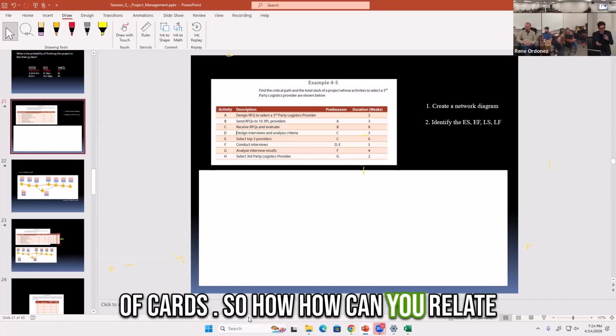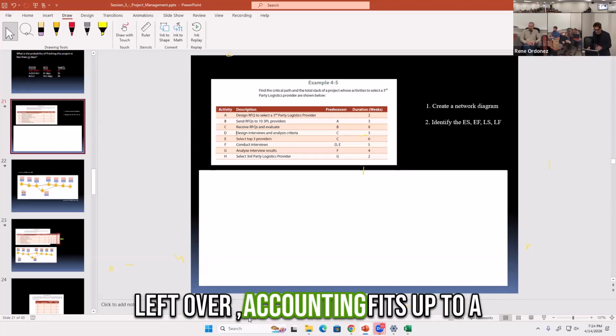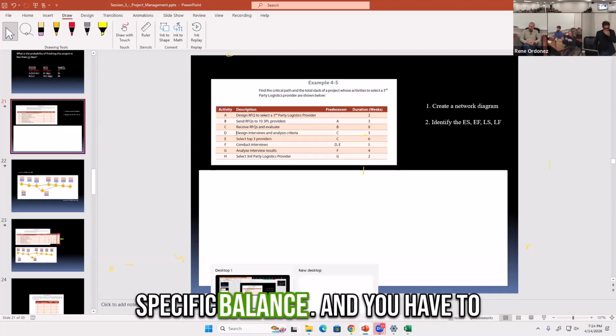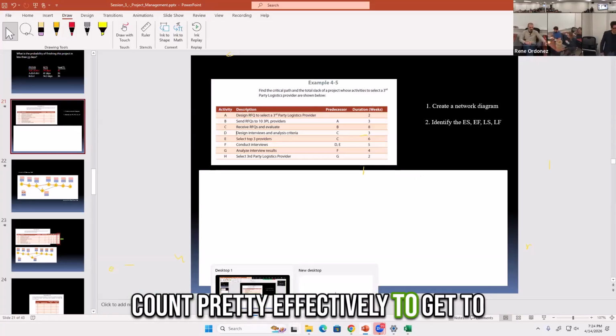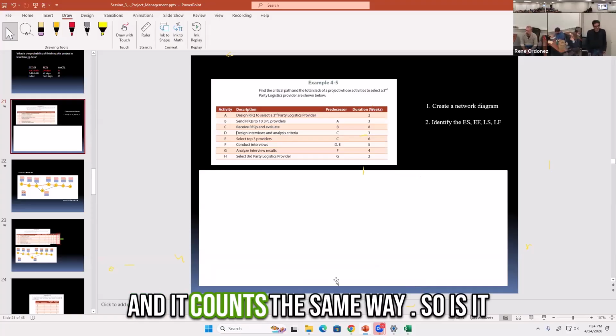So how can you relate the slack and productivity, what's left over, counting up to specific amounts. You have to calculate these things pretty effectively to get to this point going forward.